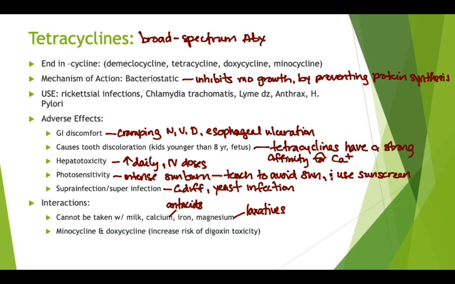Its mechanism of action is bacteriostatic as well. And again, they inhibit the growth of the organism. We use these for chlamydial infections, Lyme disease, anthrax, for treating H. pylori, for treating rickets.